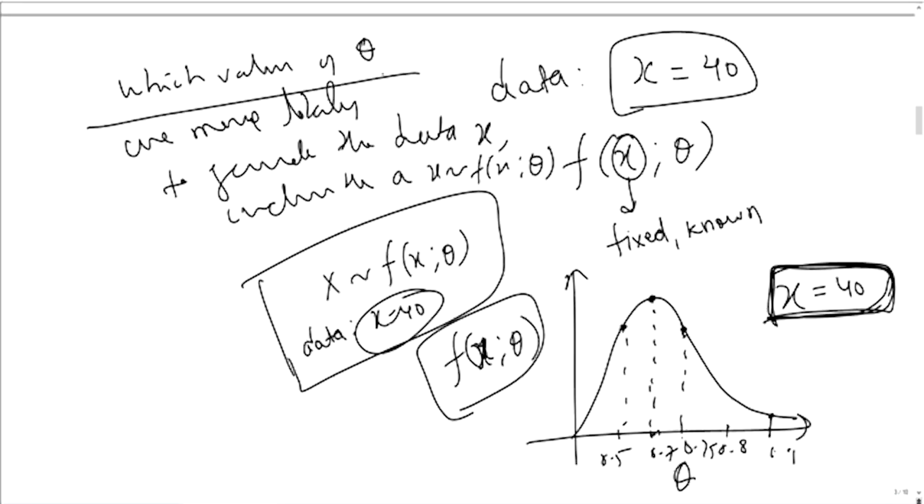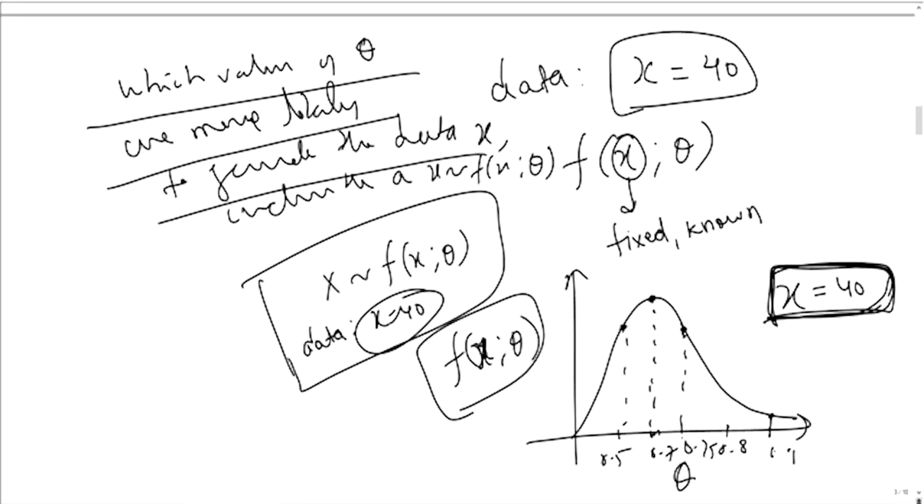Which values of theta are more likely to generate the data and which values are less likely to generate the data. In this case you can say 0.7 is most likely to generate this data. Values around 0.75, 0.65 are less likely to generate this data. Values around 0.9 are almost unlikely to generate this data.